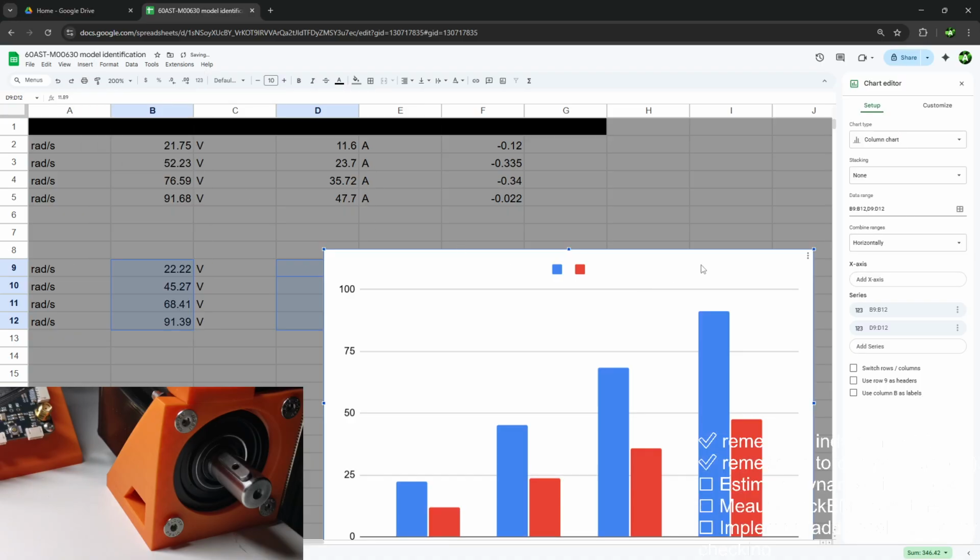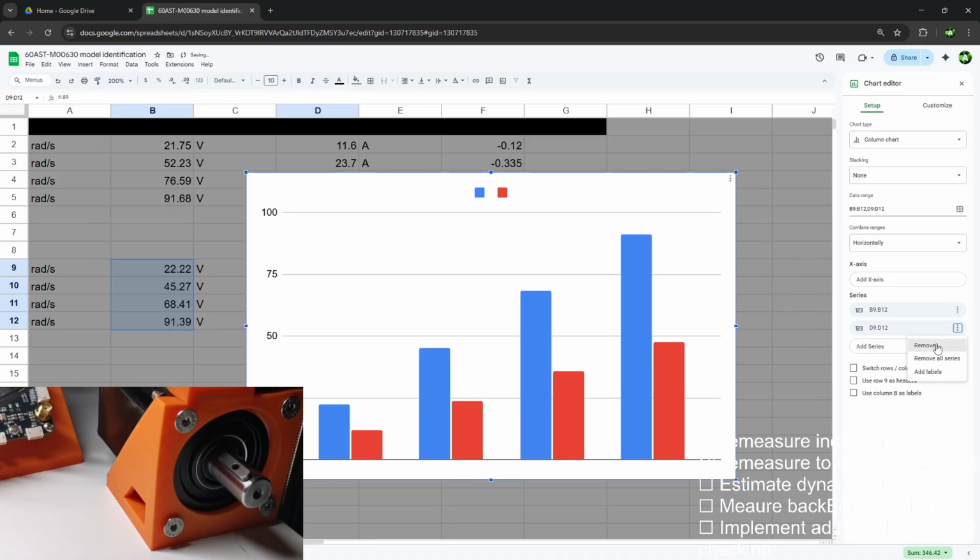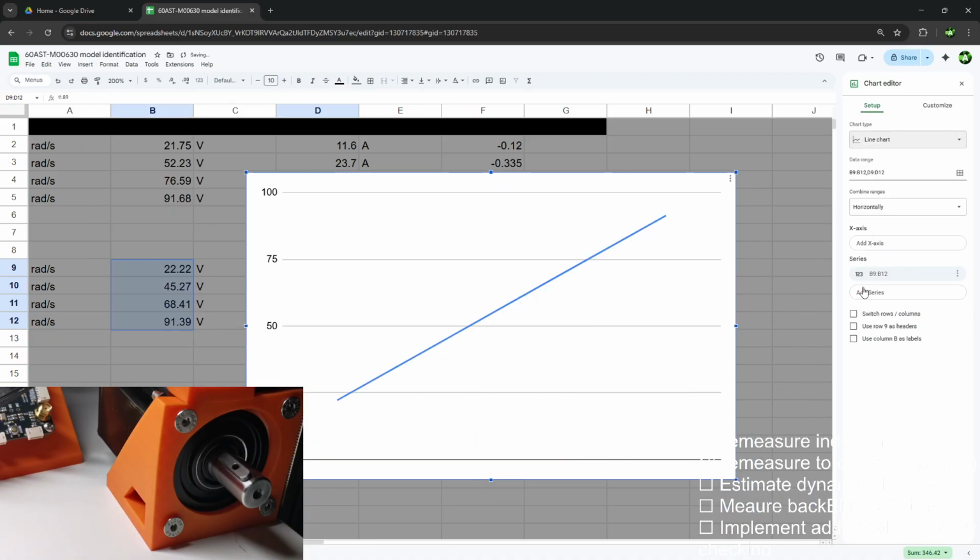Insert chart, not like this. Remove, and this should be a line chart. And let's add. Okay, this is a very nice looking line, as we expect it to be.